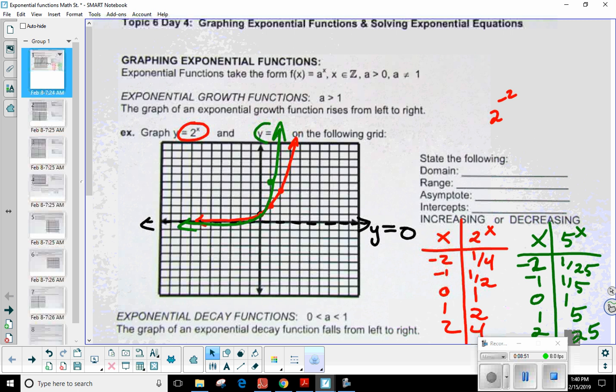Okay, so let's talk about the domain on these. You'll notice, whether we're looking at 2 or 5, all of these are still going to be the exact same answers. So can anybody tell me, by show of hands, domain? So basically, how wide is this? Samir, what do you think? It is all reals. Okay.